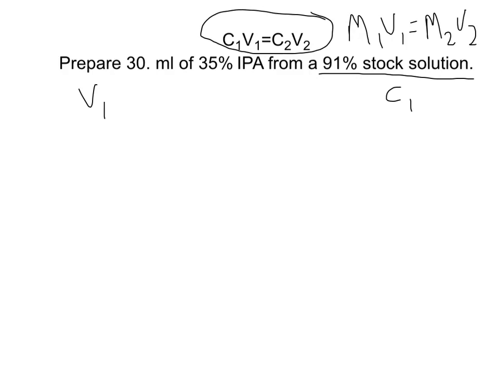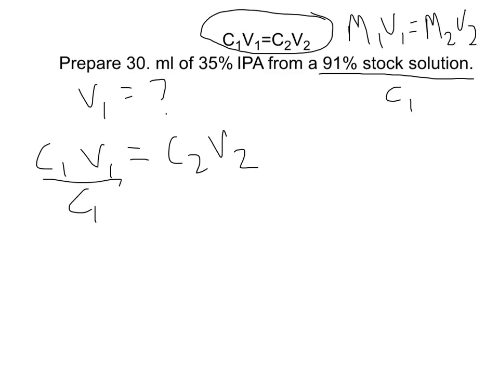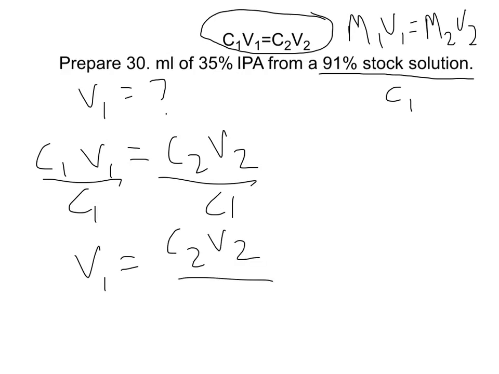Now I need to figure out my dilutions. So V1 is my wanted, so I can start plugging stuff in. C1V1 equals C2V2. Okay, divide both sides by C1. V1 equals C2V2 over C1.